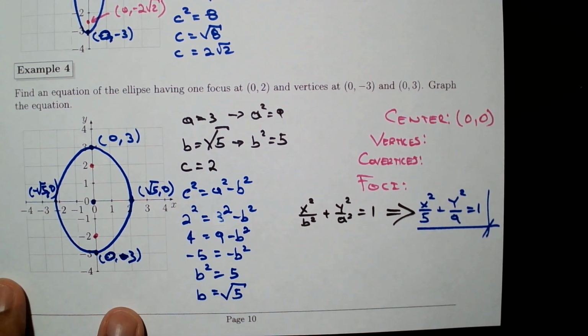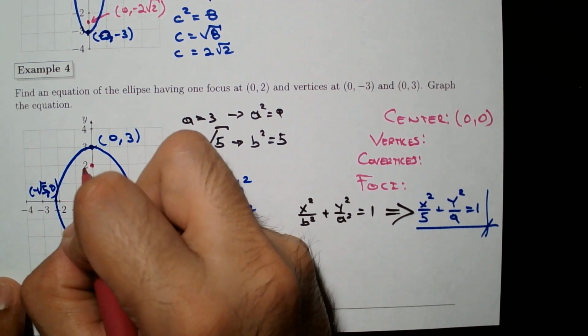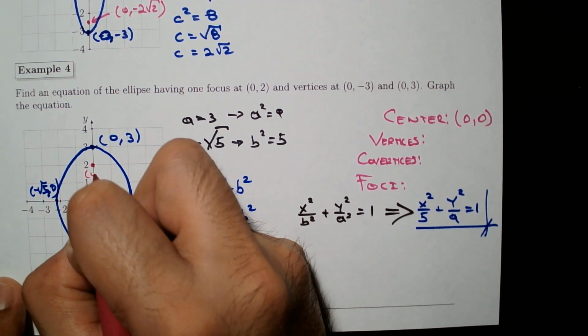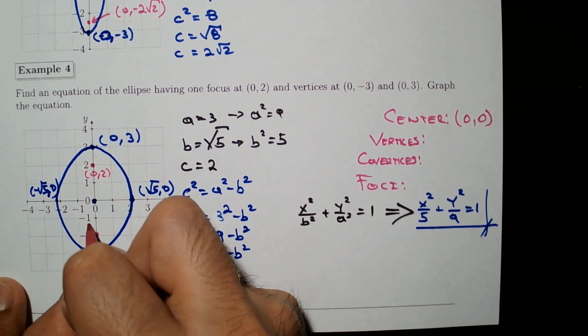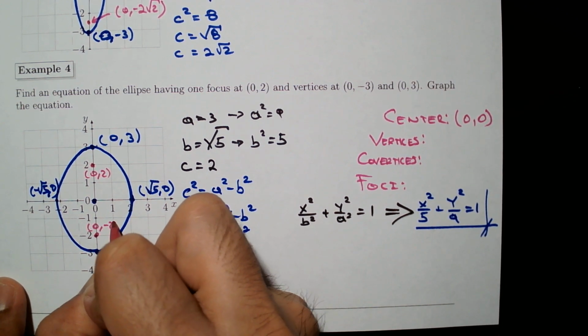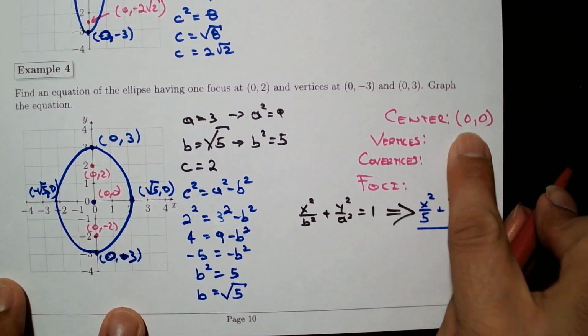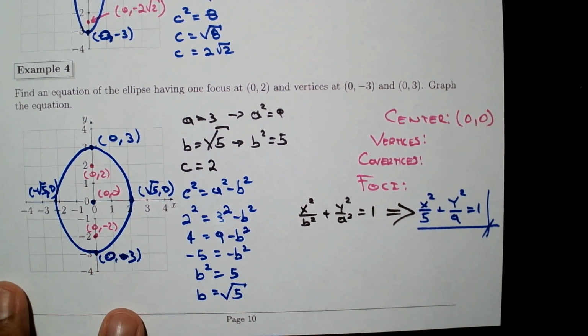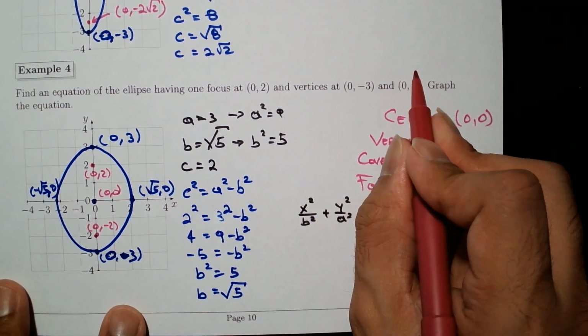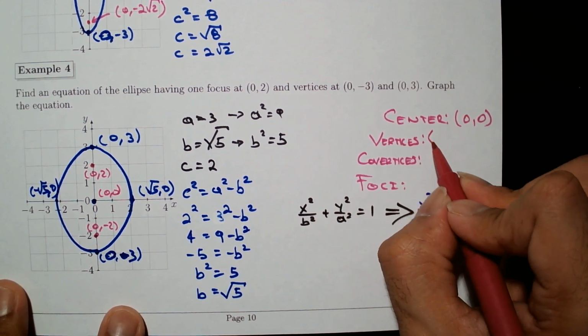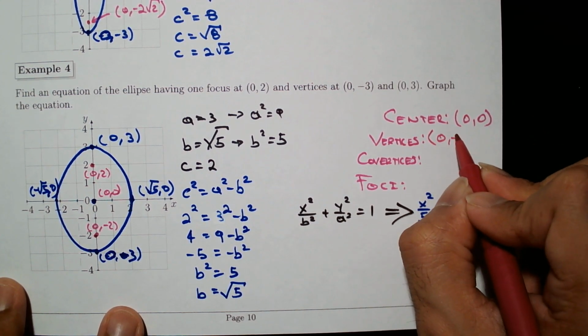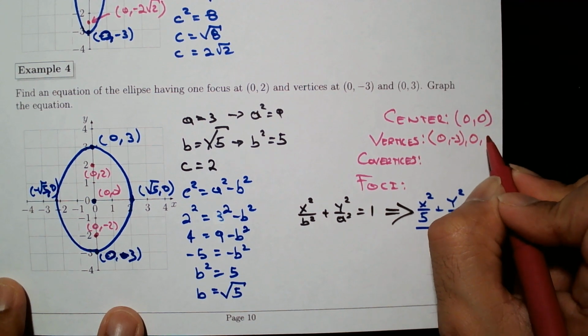And for the foci, we are going to have 0, 2, and 0, -2. And for the origin, 0, 0, which is the center rather. The vertices are given, but it's okay to rewrite them again: 0, -3, 0, 3.